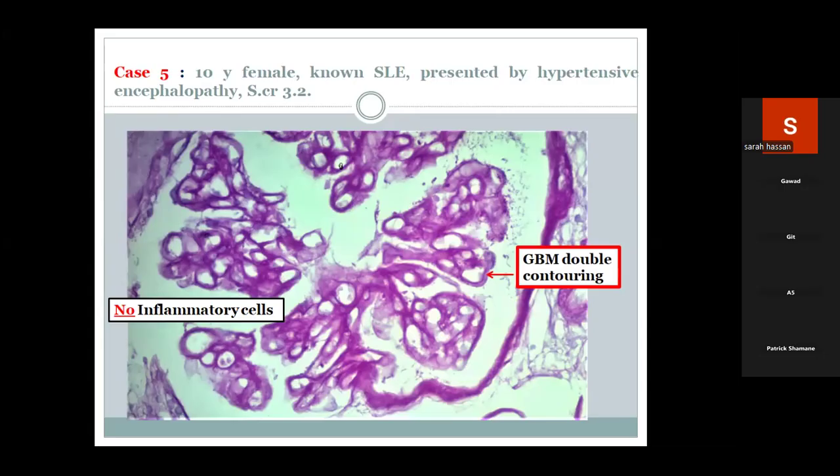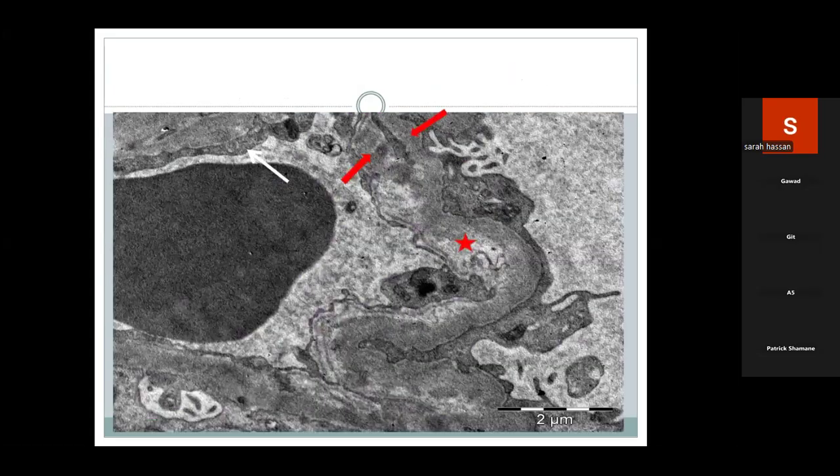Here the light microscopic picture showed no inflammatory cells, and glomerular basement membrane double contouring was found. In these cases, we will mostly think about lupus activity. Why did this patient have a high serum creatinine? But no activity was found and no deposits were present. Under the electron microscope, there was just an injury with subendothelial accumulation of plasma proteins and early glomerular basement membrane double contouring, and again no electron dense deposits were found.